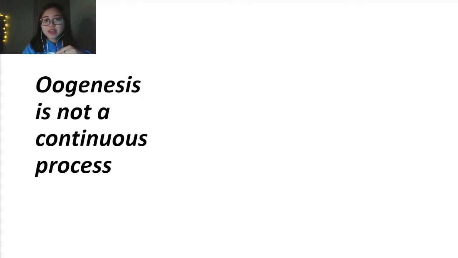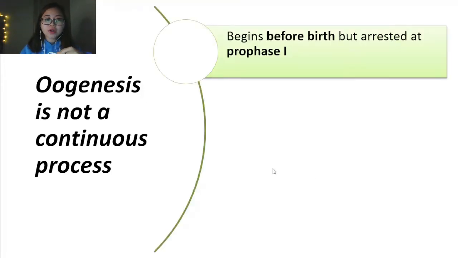However, in females, oogenesis has its breaks. It's not continuous. Okay? It will begin before birth of the individual, but it will be arrested at prophase 1. Dia akan mula sebelum kita lahir, tapi bila sampai prophase 1, dia berhenti, dia pause.